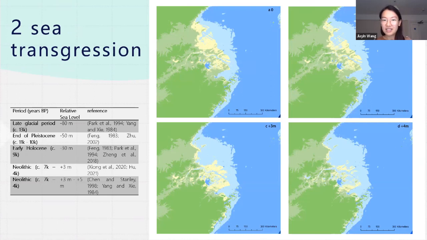Here we can see significant differences between the four maps showing sea levels at different elevations. From this map to this one, the sea level rises from 1 meter above present to 3 meters above present.